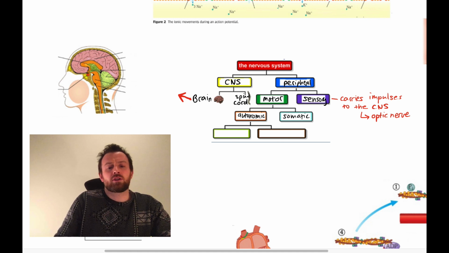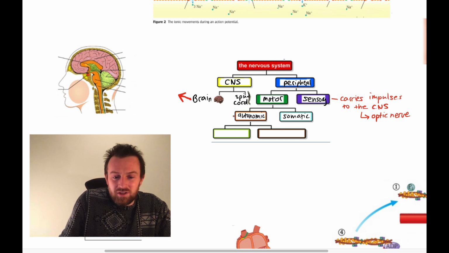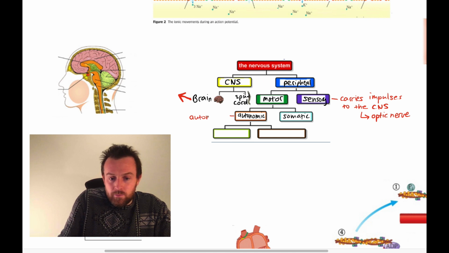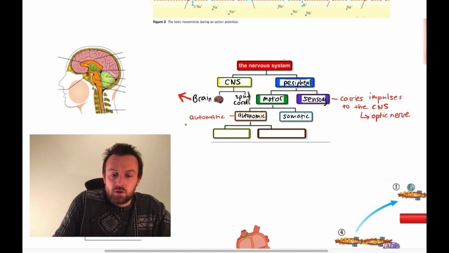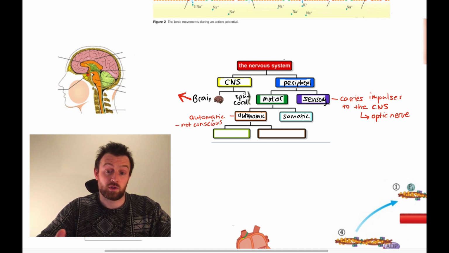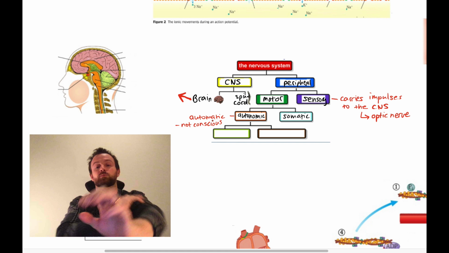So the autonomic nervous system, we can put a little subnote to the side. It's a bit like the automatic. Okay, so it's not under conscious control. So you can't decide to fire part of your autonomic nervous system just by thinking about it. It happens subconsciously.